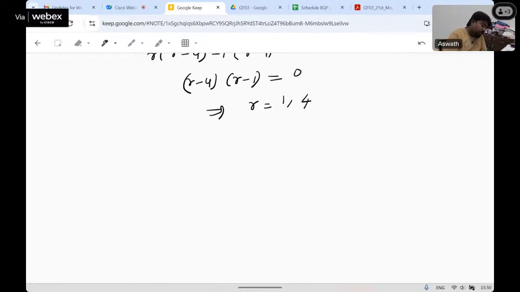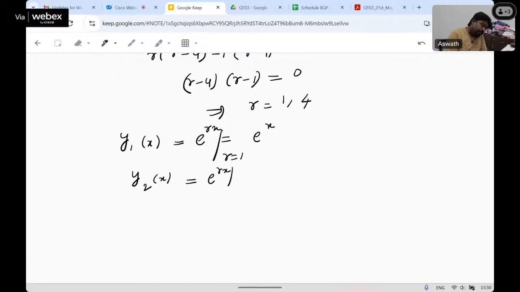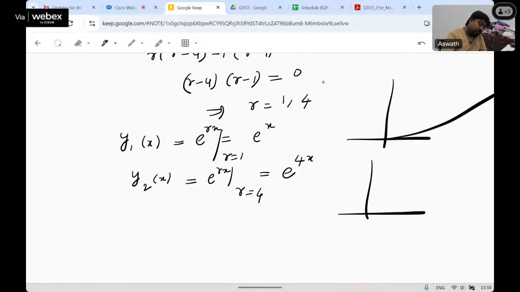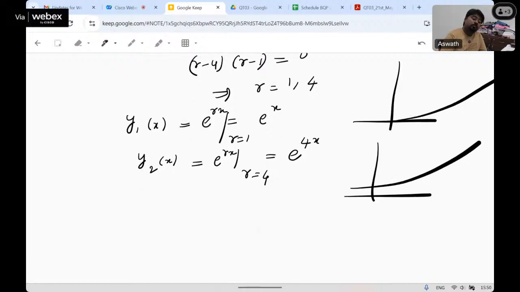That means there is a y1, which is exponential rx with r equal to 1, exponential x, and a y2 with r equal to 4, which is exponential 4x. So I have two independent solutions, two different solutions.